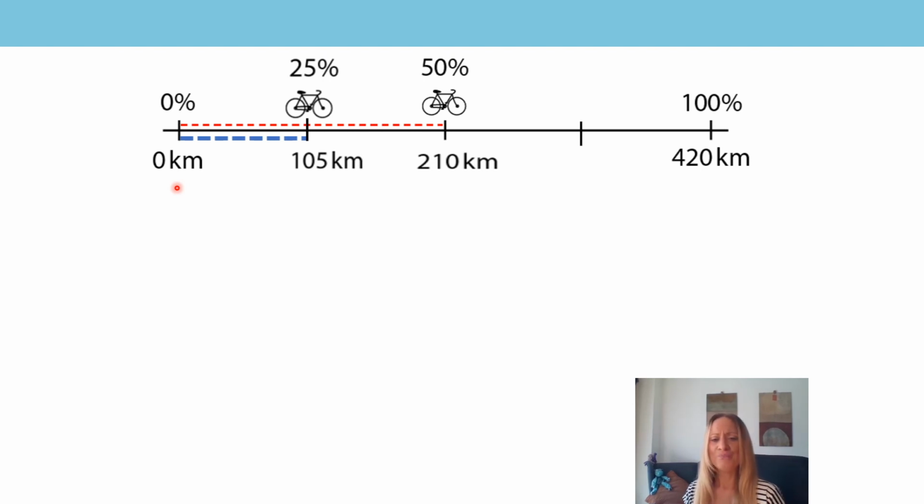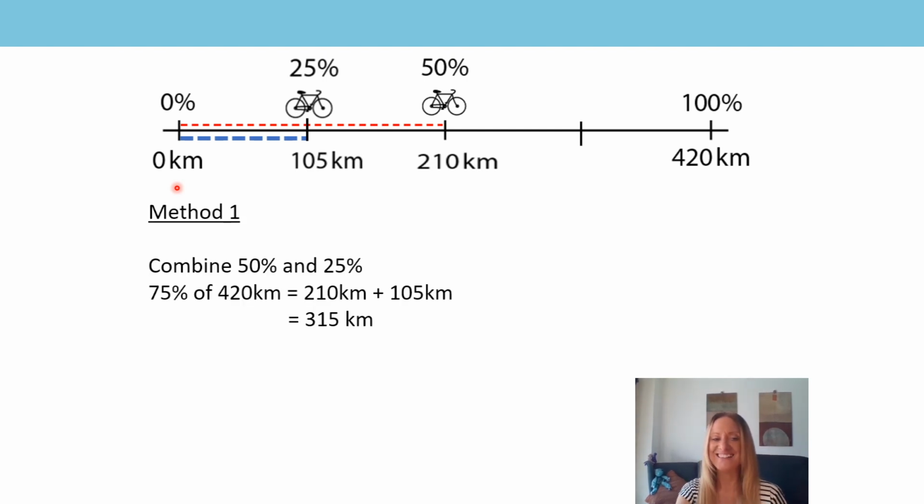Excellent. So there might have been a few different ways that you tried to find 75%. I wonder if anyone tried to do this. Did anyone try to combine 50% and 25%? What does that mean? Yes, that's right. If I know that 50%, the journey from here to here is 210, where is 75% on my number line?